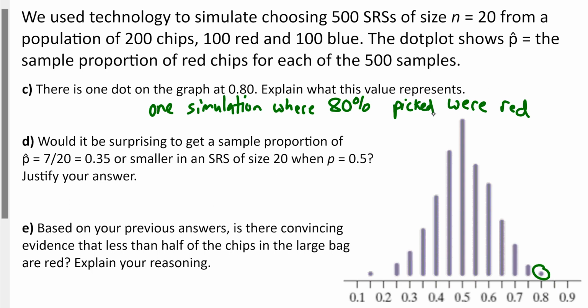So would it be surprising to get a sample proportion of 7 out of 20 or 0.35 like we found, or smaller, if we do this? Justify your answer. This is where we look at where 0.35 is. 0.35 is here. So everything at 0.35 and less is there. Okay? Now, I don't have the numbers here, but that's going to be definitely more than 5% of all the data.